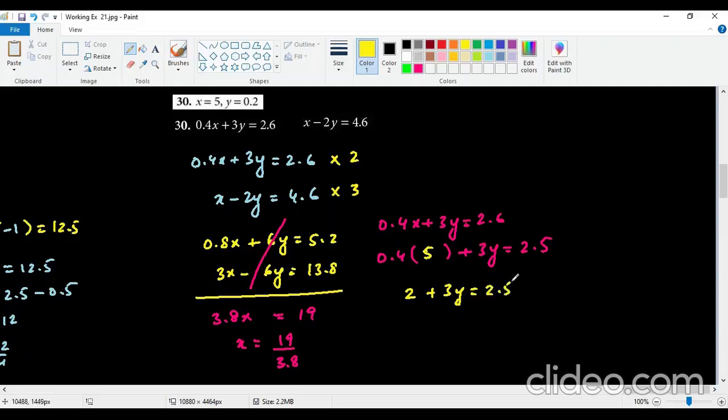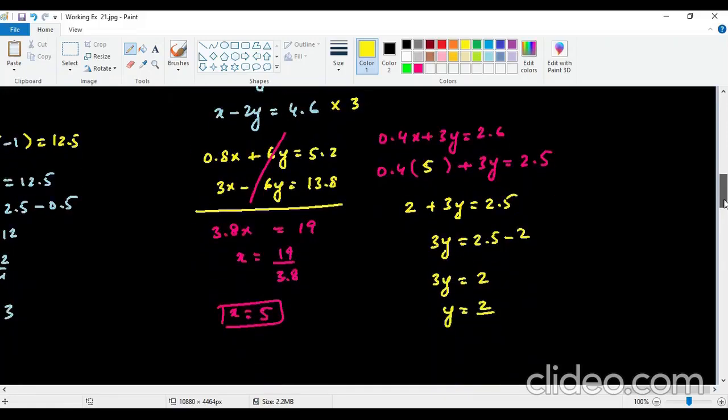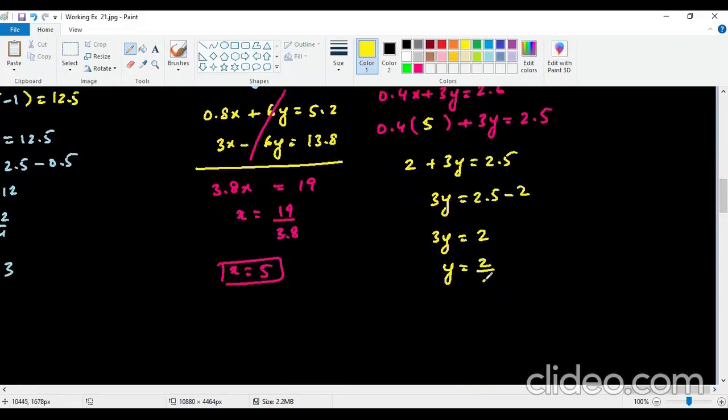I can use any equation I feel like. 3y equals 2.6 minus 2. So this is going to give us 0.6, and 0.6 divided by 3 is going to give us y equals 0.2.